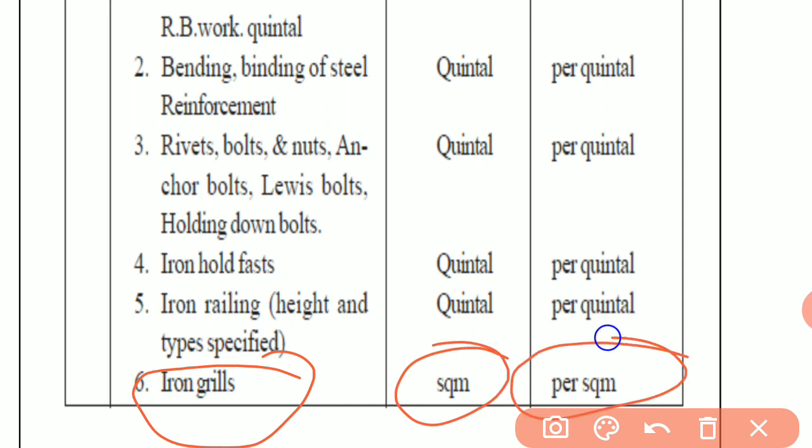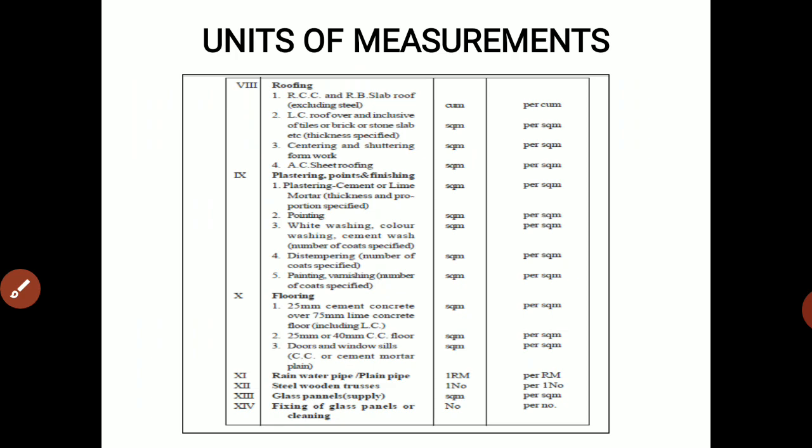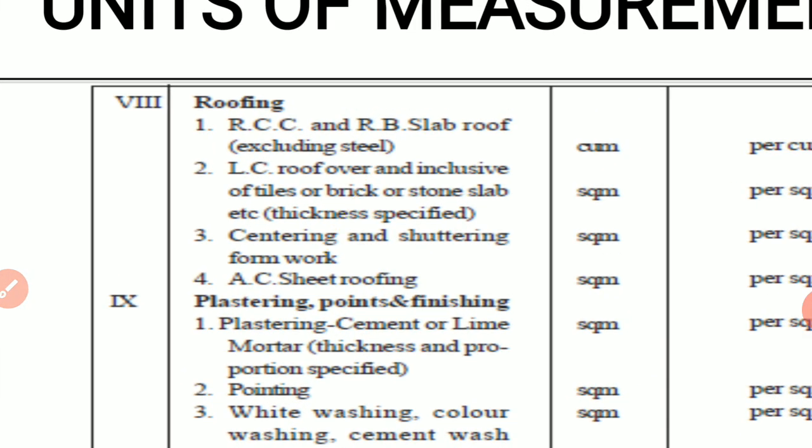Iron grills, whatever grill work we do for windows or doors, are measured in square meter. Clear? Grill work is measured in square meter. The next part is roofing, RCC or RB slab. RCC is reinforced concrete, RB means reinforced brick slab roof.